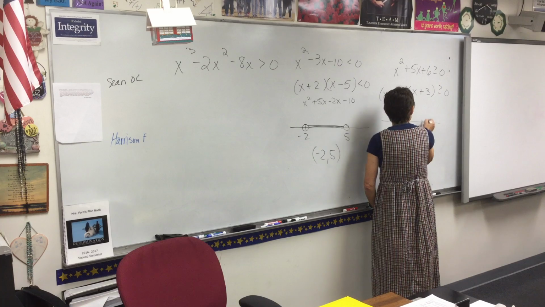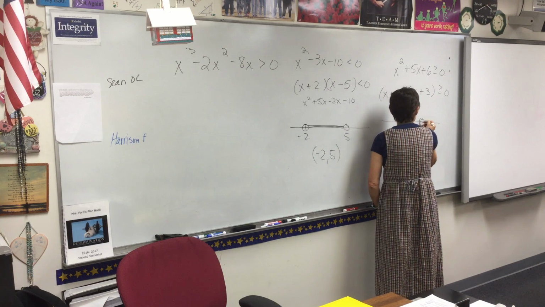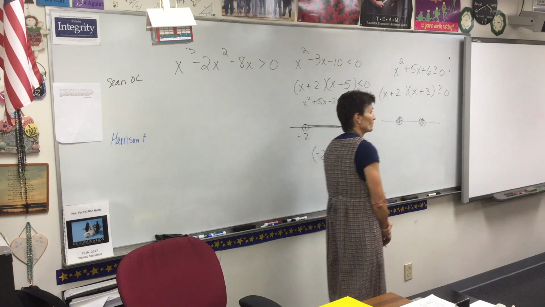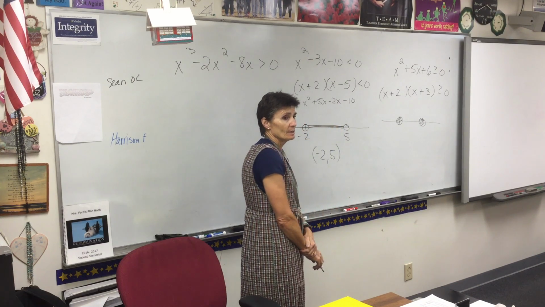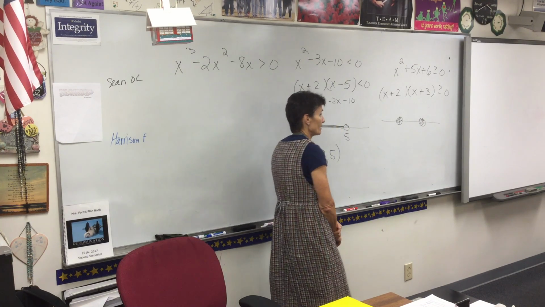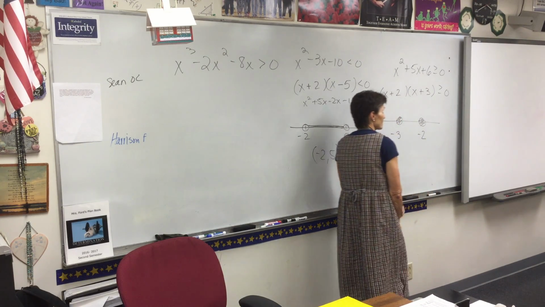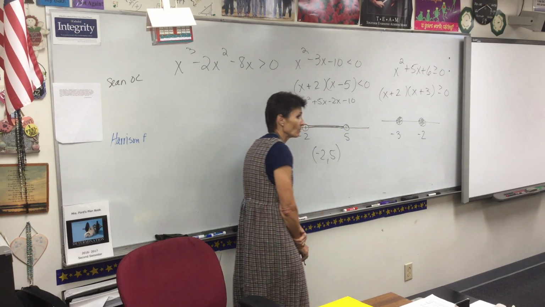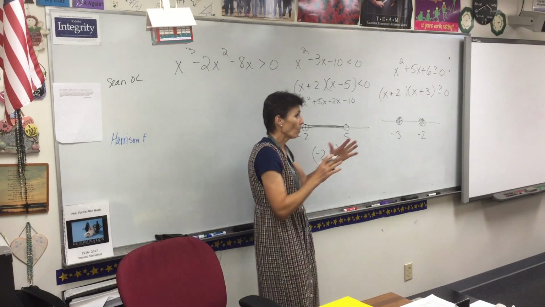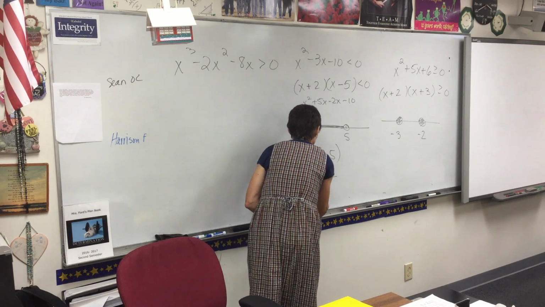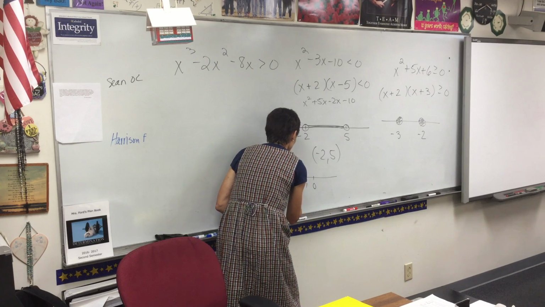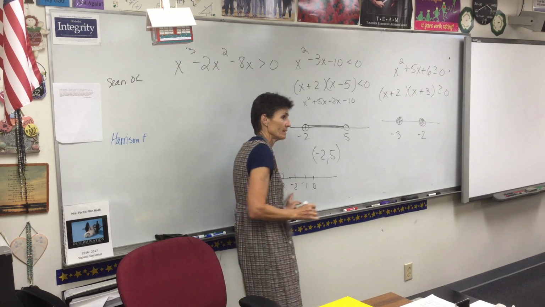All right, so then you do your number line, hopefully. You put 2 dots on the number line and you colored them in. And where did you put those 2 dots? -3 and -2, and they have to be in this order, guys. They have to be in that order, because if you had the whole number line going, isn't that the order they'd be on the whole number line?